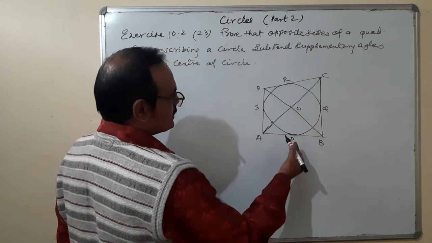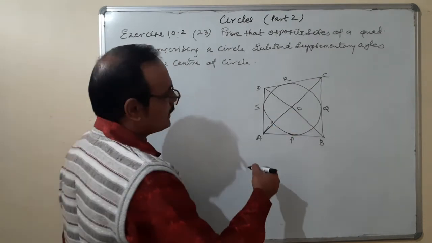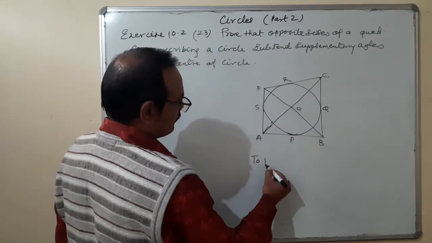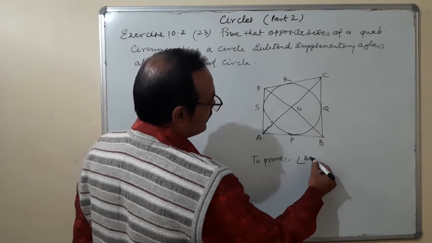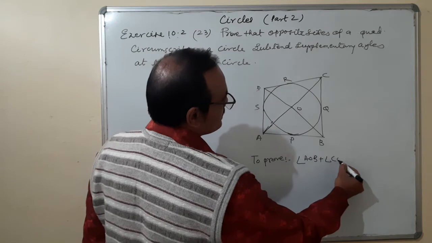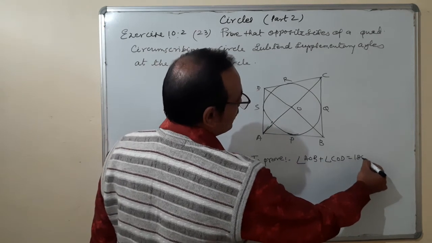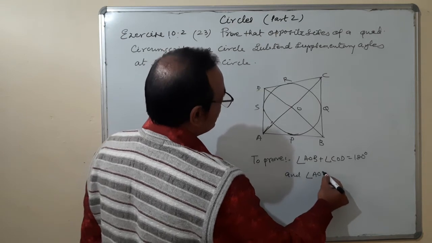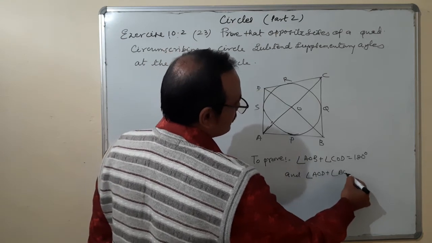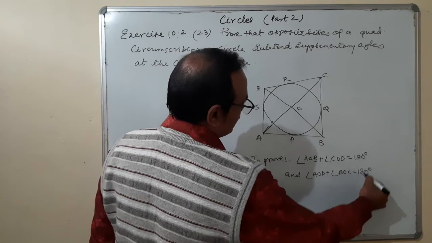So in given, ABCD is a quadrilateral circumscribing a circle. To prove: angle AOB plus angle COD is equal to 180 and angle AOD plus angle BOC is equal to 180.